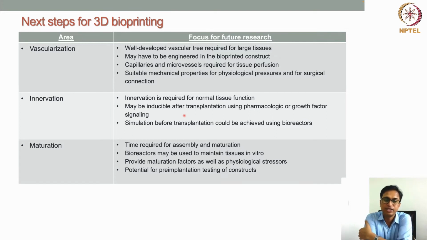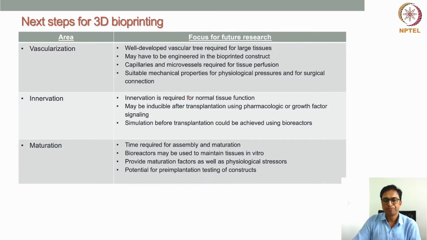Other than this, there are strategies by which nerve conduits can be fabricated by bioprinting, and these conduits can be transplanted whenever there is a nerve cut, so that the electrical signal can continuously transmit through them to other areas.